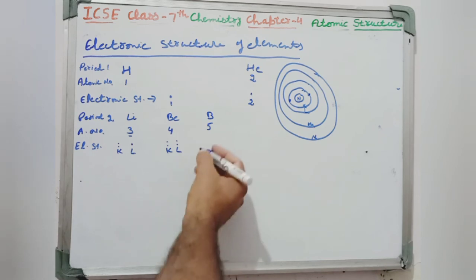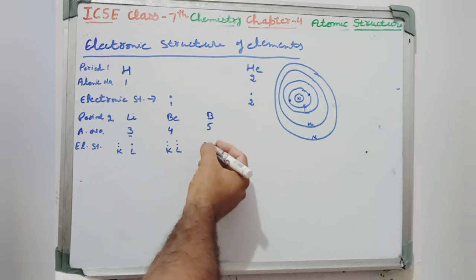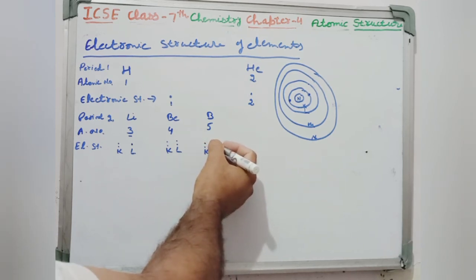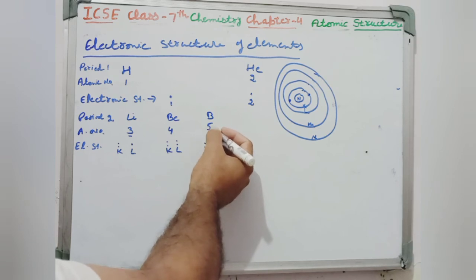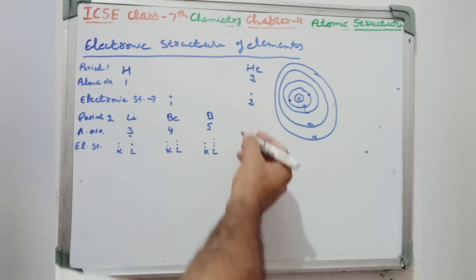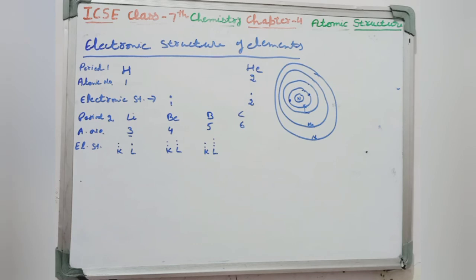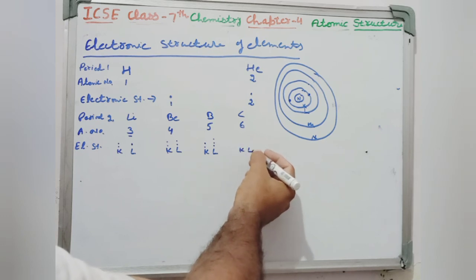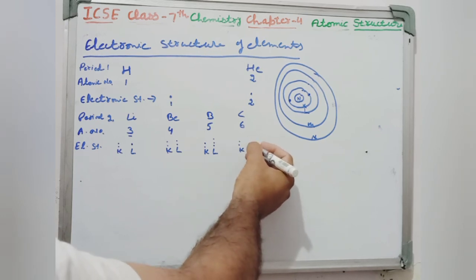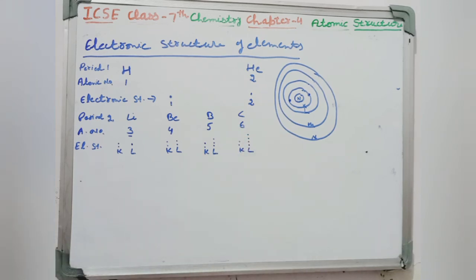So boron, K, L. K can hold 2, L can hold a maximum of 8. So we have to adjust only 3. Right? Carbon, the most abundant element on the earth. K can hold only 2, L can hold 8. We need only 6 minus 2, 4. We can adjust here. Right?